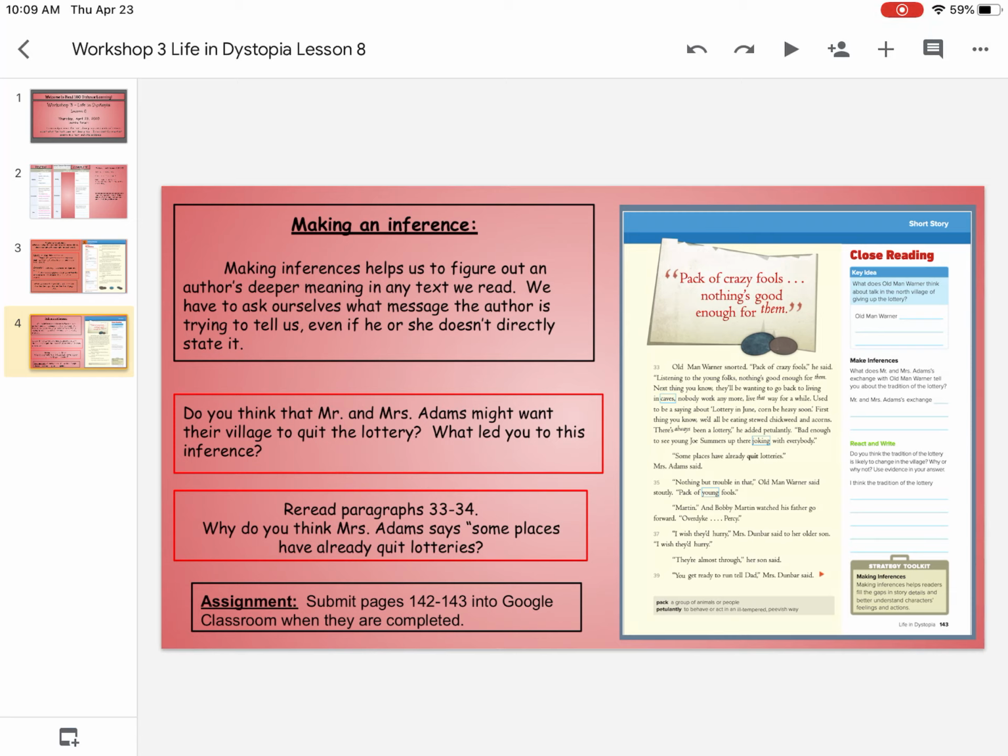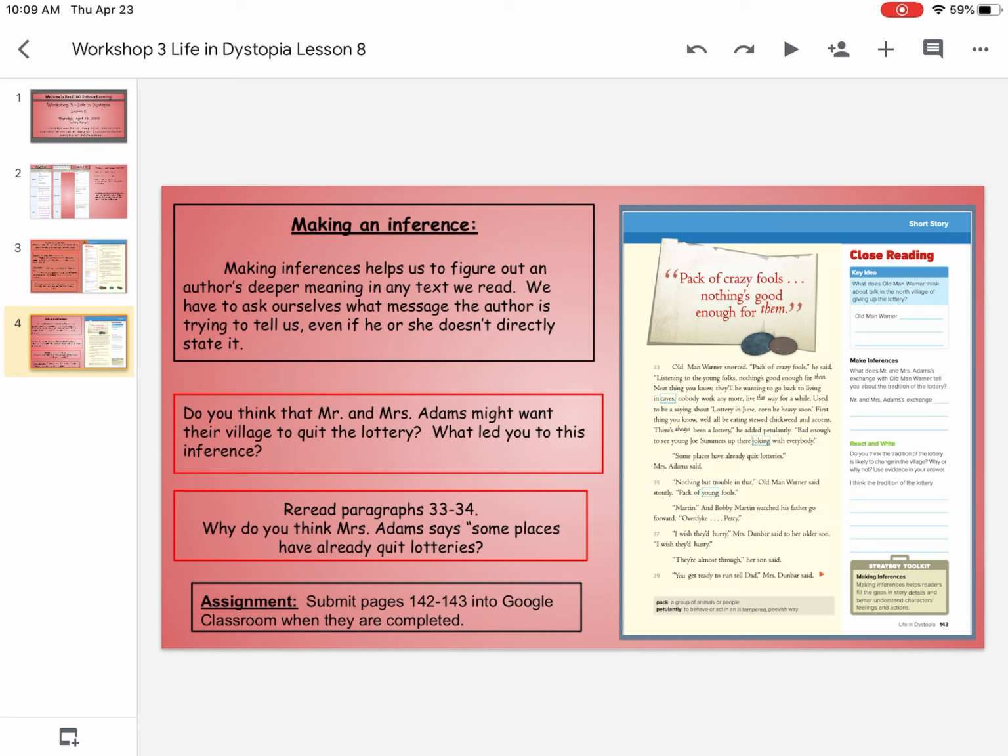So when Mr. and Mrs. Adams had that conversation with old man Warner, what inference did you make about whether they want to quit the lottery? Are they leaning towards maybe they agree, or they don't agree with it? What is your thought on that? Did Mrs. Adams or Mr. Adams say something that we might predict what their thought would be on it?